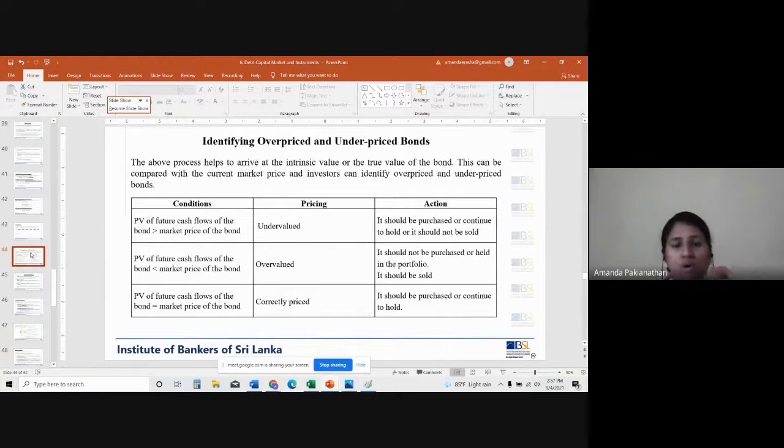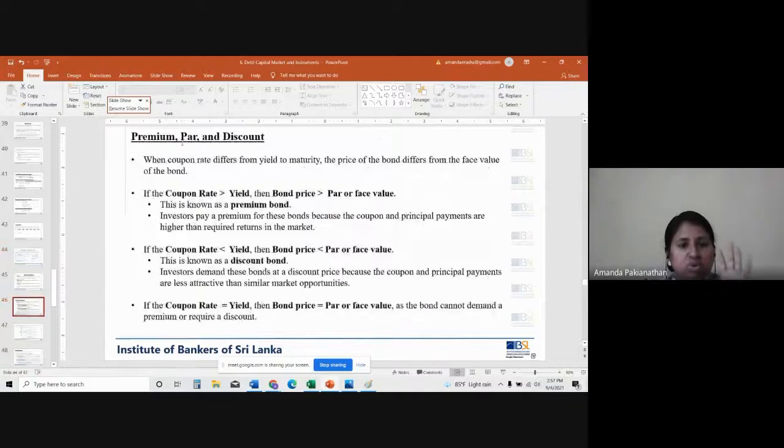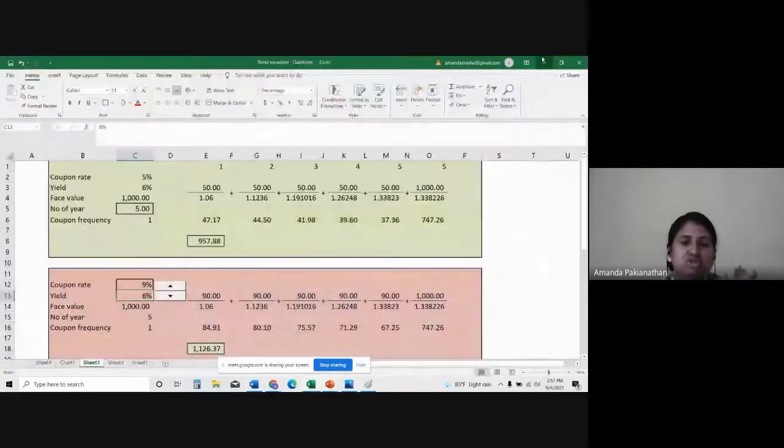Always remember what you are comparing, and from that, what decision you are taking. Next week we will go through premium, par and discount bonds in more detail, but you will have a bit more calculation on Sunday when you do your weekly questions on this area, just as practice.